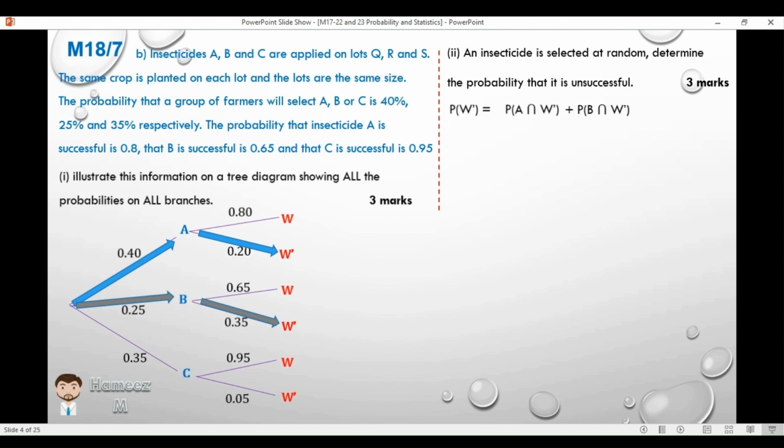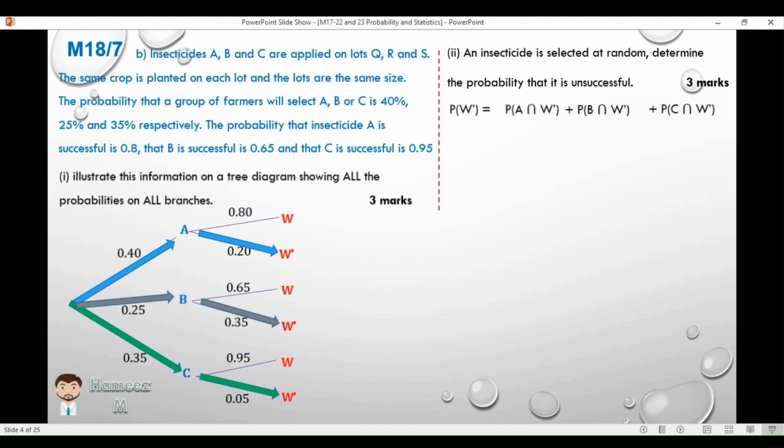By using an addition sign. So you can see that there. Is there any other way for it not to work? Of course, if you choose C as the insecticide and it does not work, the green arrows indicate this. So either we have the blue arrows or the gray arrows or the green arrows. And or is brought up by an addition.